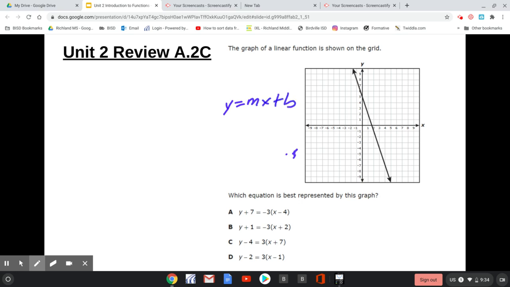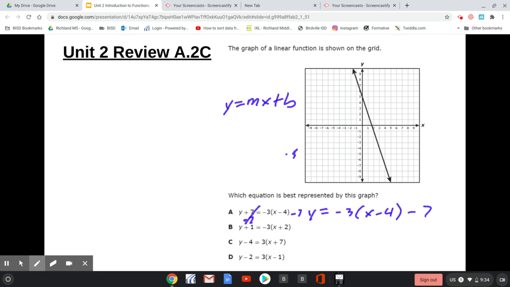So first we need to convert each equation to y equals. And to do that, for this one, we need to minus 7 on both sides. So that will go away. We're going to have y equals negative 3x minus 4 minus 7.